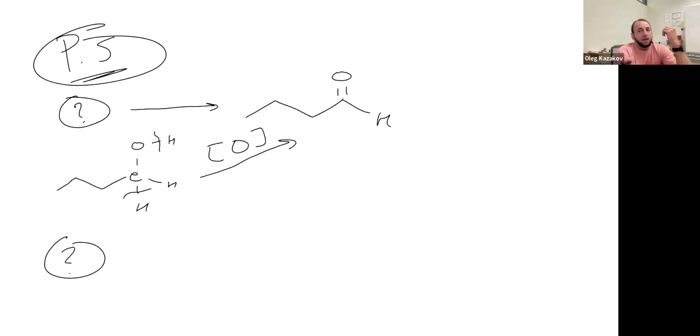So in reverse, the oxidation of the secondary alcohol leads to the formation of the ketone, right? Once we have this underlying thought in mind, we'll be able to crack this problem relatively easily, I hope. So let's imagine that this is our target ketone. What is it obtained from? From the respective secondary alcohol.